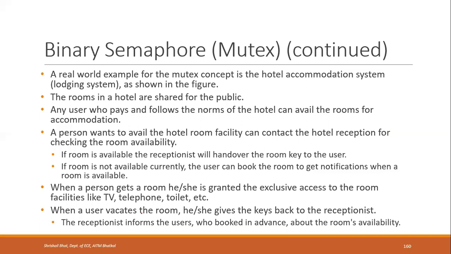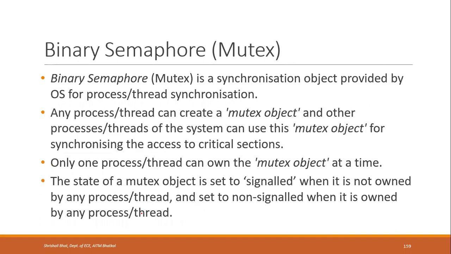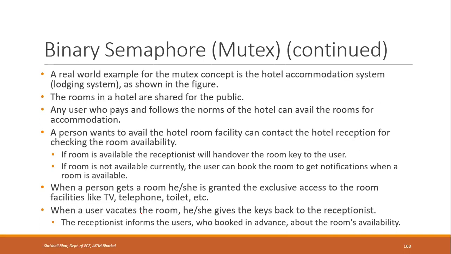If it is already taken, they will be in the blocked or sleeping state. The processes which are accessing it will be accessing it exclusively, so others do not have access. Once they release it, that object is declared as signaled, and the processes which were sleeping will wake up and get access to the critical section.